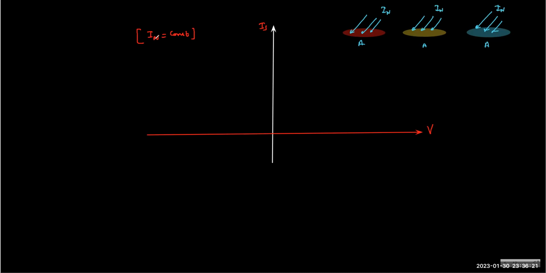So IP, not IN. Yeah, IN is fine. The number intensity. So these are number of photons hitting per unit area per unit time, right?